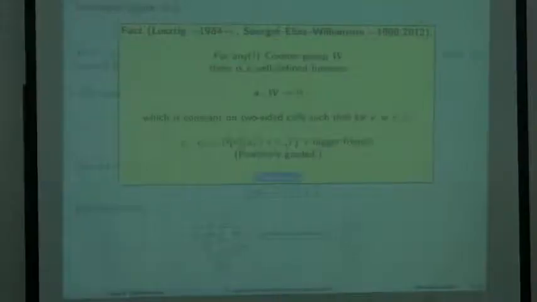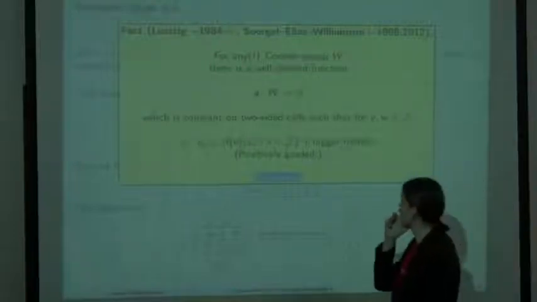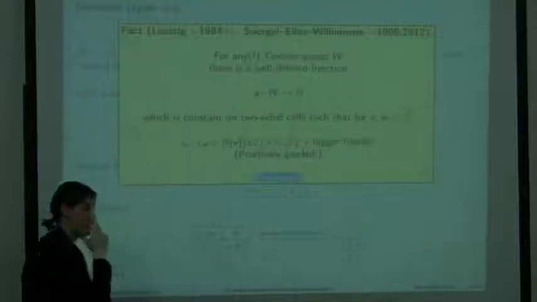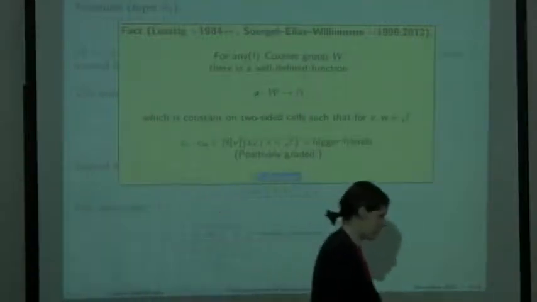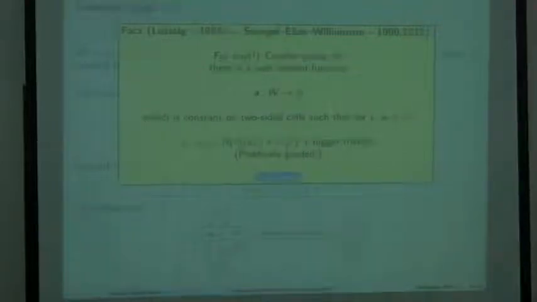And actually, what's going on here is a general statement due to Lusztig. And in this setup, maybe also proven by Soergel, Elias, and Williamson in some sense. So for each Coxeter group, there's this well-defined a-value, which is just a numerical value that you associate to each group element. So just a function from W to the positive numbers.